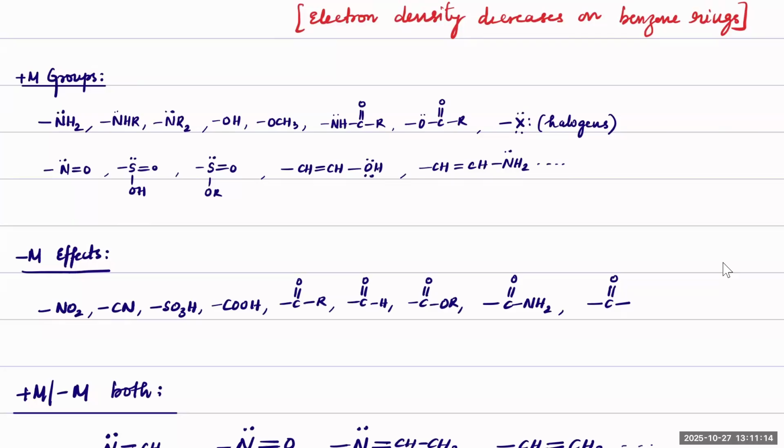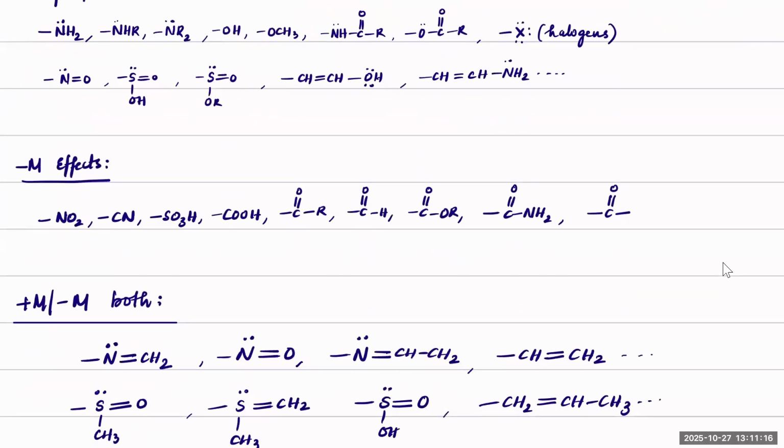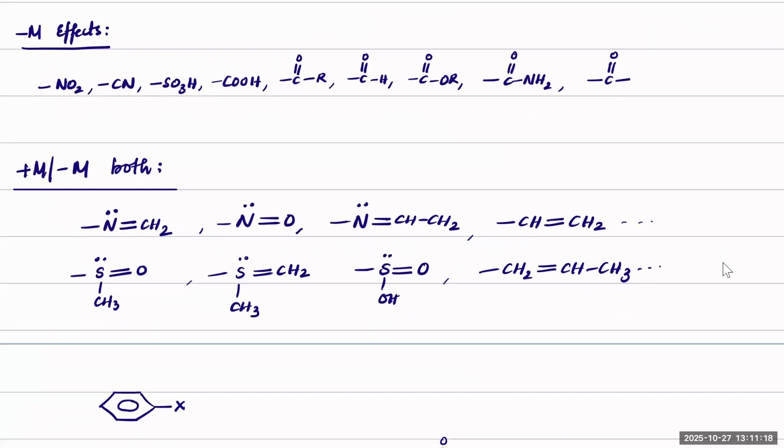Clear? This is plus M, and minus M are those groups: NO2, cyanide, SO3H, acid, esters, aldehydes, ketones, amides, C double bond O. See, none of them, the directly connected atom, has a lone pair on it. Okay.